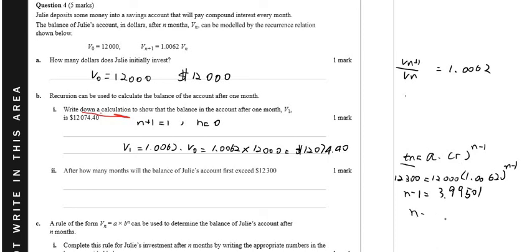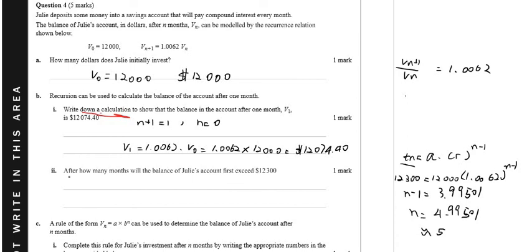So my n equals 4.99501, which is roughly 5. So it is the fifth term that equals this number.